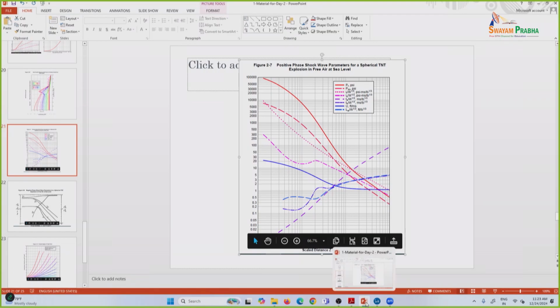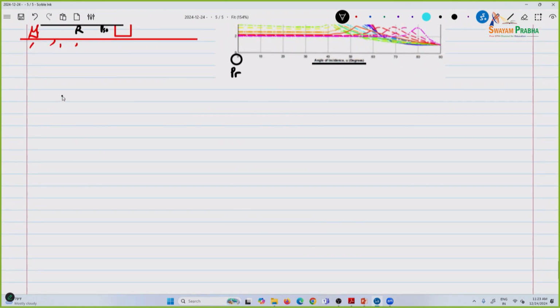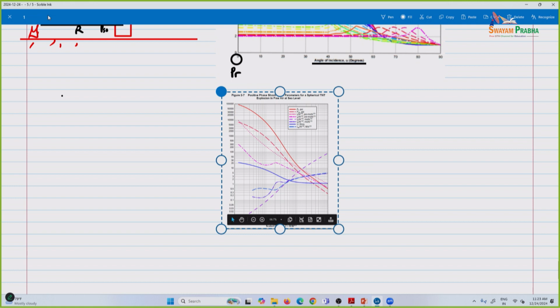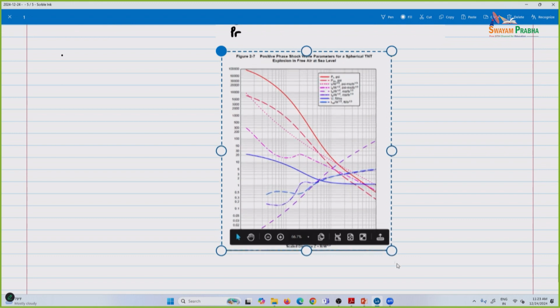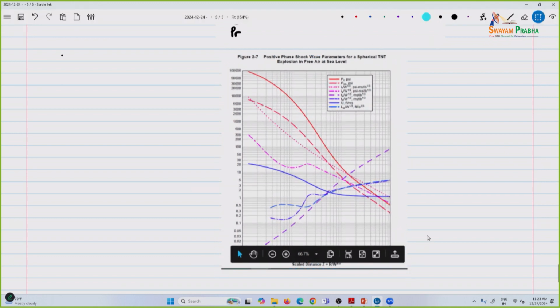Now we come to perhaps two variations of this, but let us look at this particular graph. We will be spending time on it in the tutorials also, again not today, but some other time.